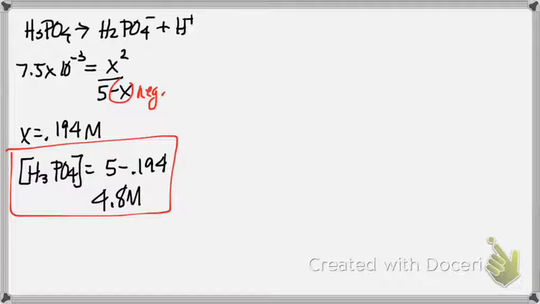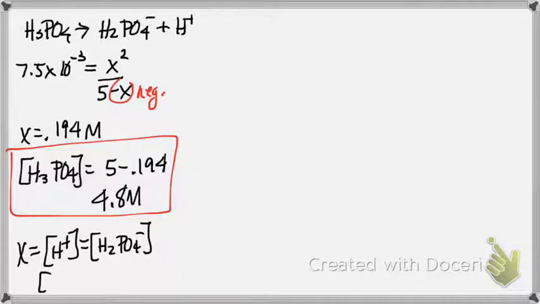Of course, we know that x, we said, was equal to H plus, but in that first dissociation, what is it also equal to? The H2PO4 minus. So that concentration of H2PO4 minus is 0.19 molar, 2 decimal places. So that is our second concentration that we need.